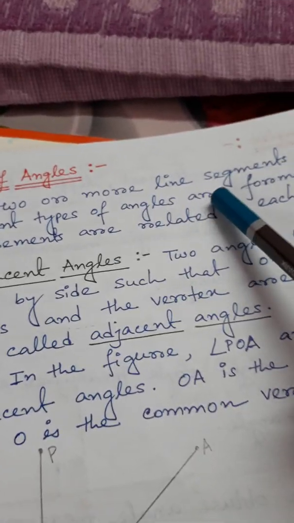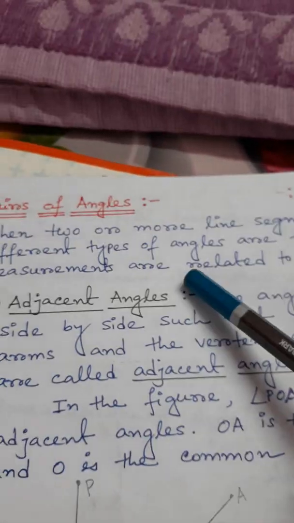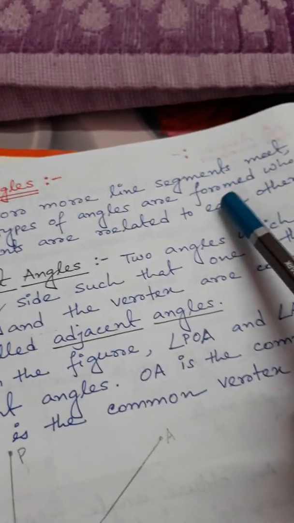When two or more line segments meet, different types of angles are formed whose measurements are related to each other.